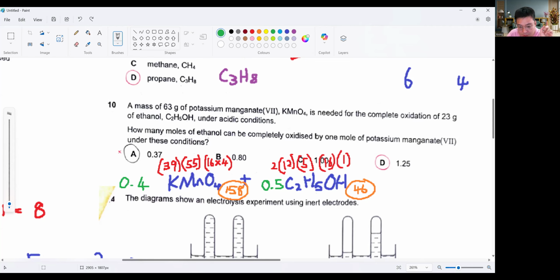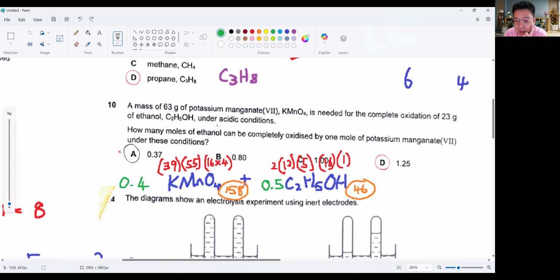K is 39, nothing wrong. Mn is 55, it's correct. Oxygen is definitely 16 times 4. So it should be correct. It's just a very weird number.